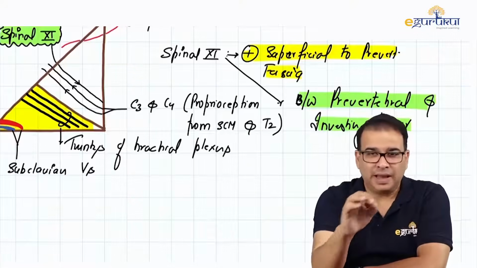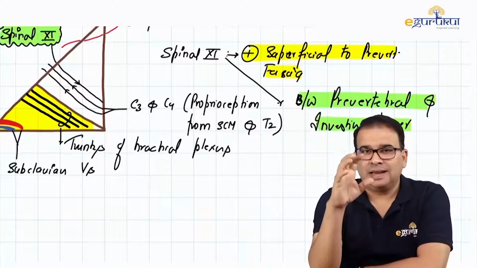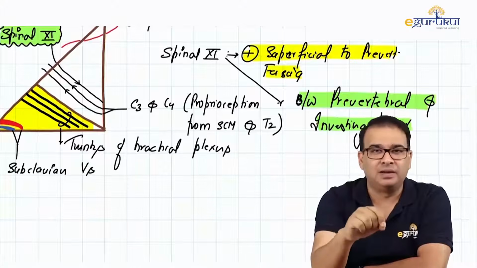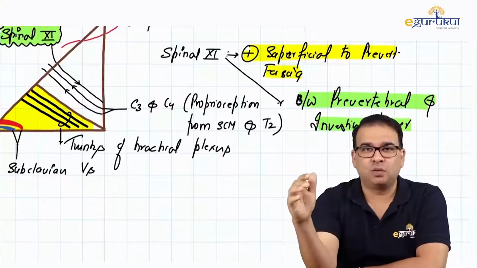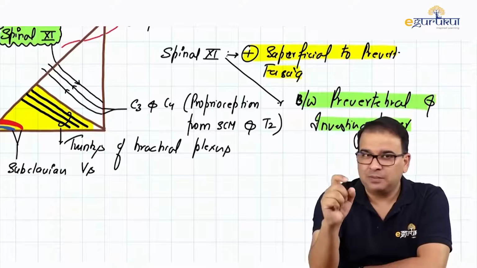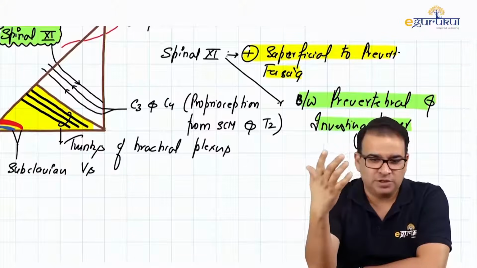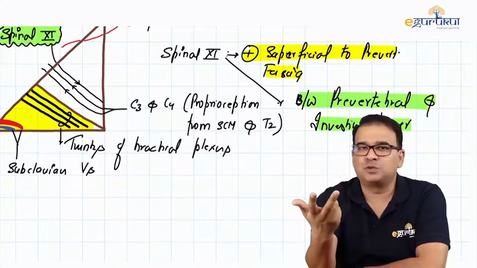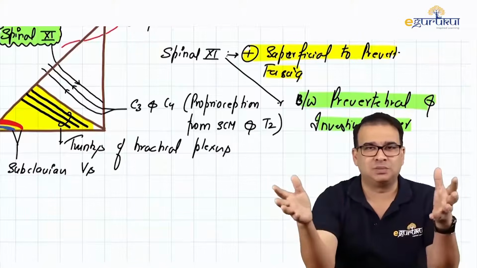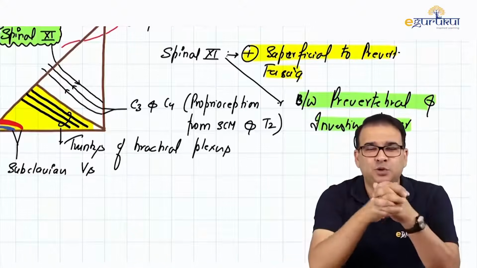And coming to the third and probably the most important: if there is injury to the spinal accessory nerve in the posterior triangle, what could be the feature seen in the patient? The mistake that people make here is that when you think of injury to the spinal accessory nerve, two muscles come to mind, sternocleidomastoid and trapezius, and we start counting the features of both muscles, which should not be the approach here.